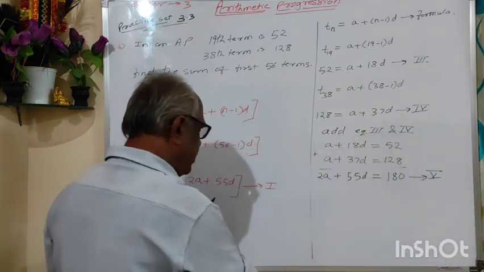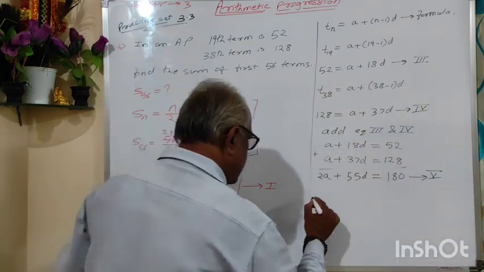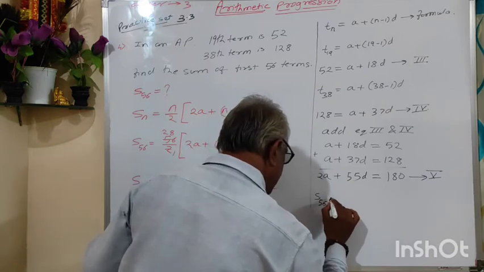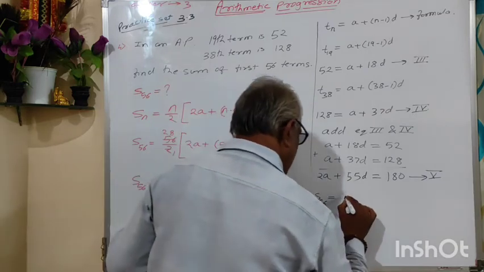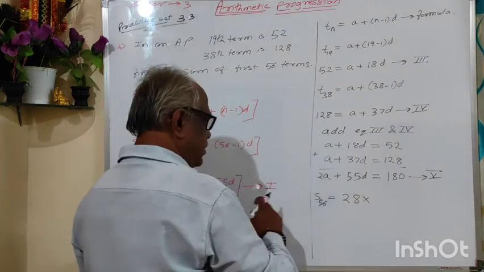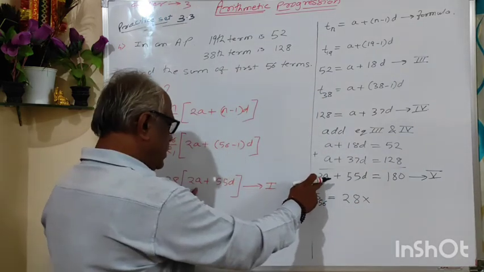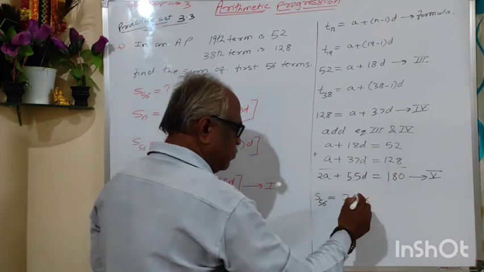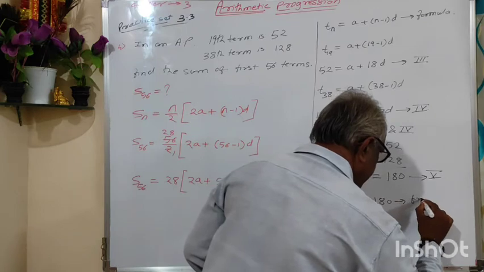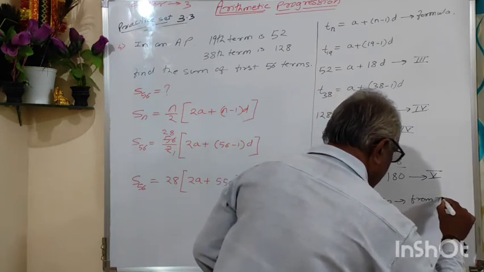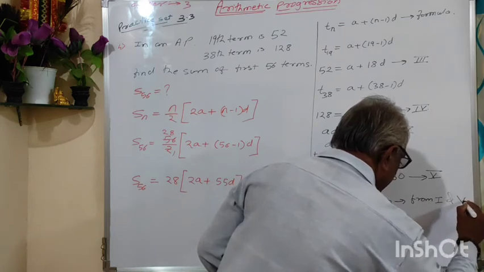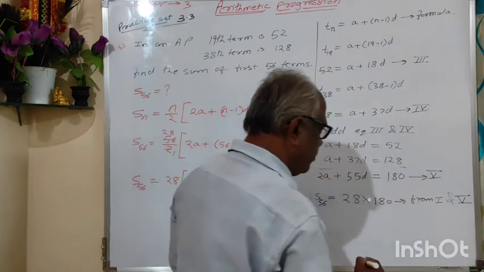Now here, if you see equations 1 and 5, we will get S56 is equal to 28 into 2A plus 55D, that is 180, from 1 and 5.